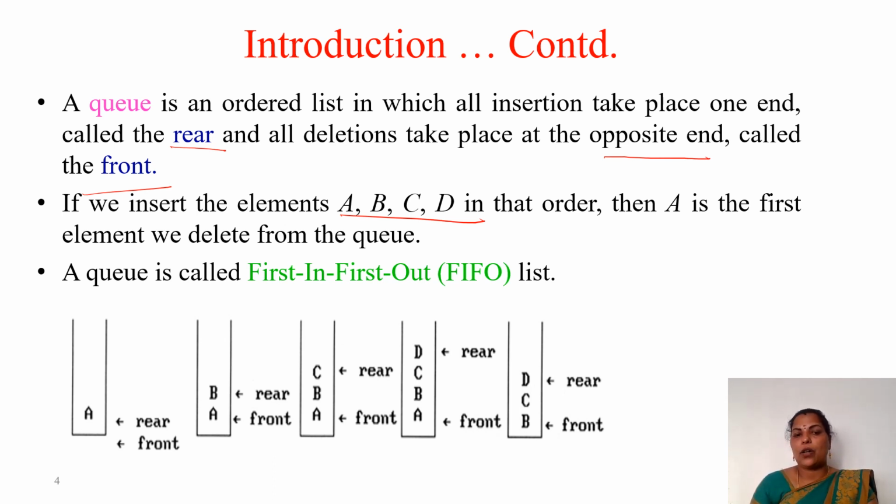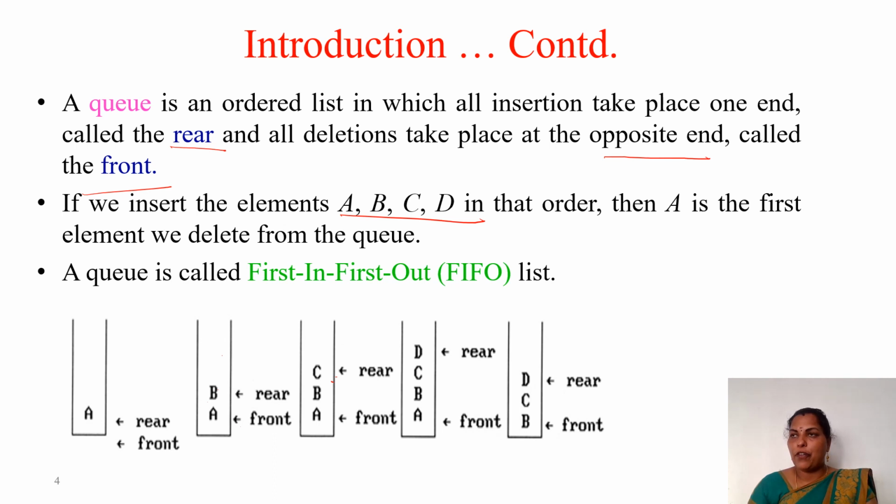Then we insert B. At that time we increment rear, so now rear is pointing to B and we insert B. Front remains in the front position. Then we insert C. We increment the rear position to the third one and place C. Then we enqueue D. We increment the rear, it points to the fourth position, and D is inserted.